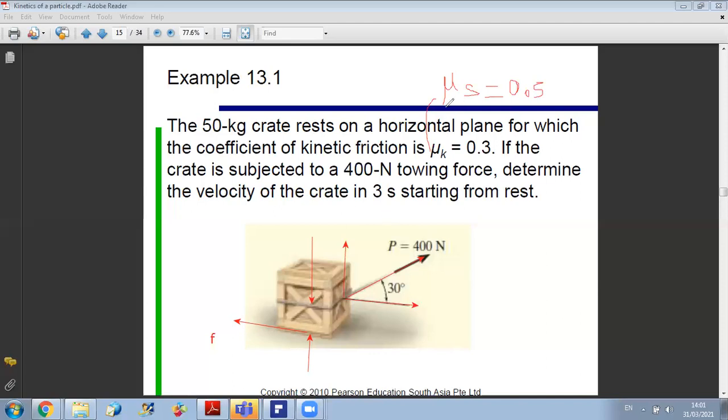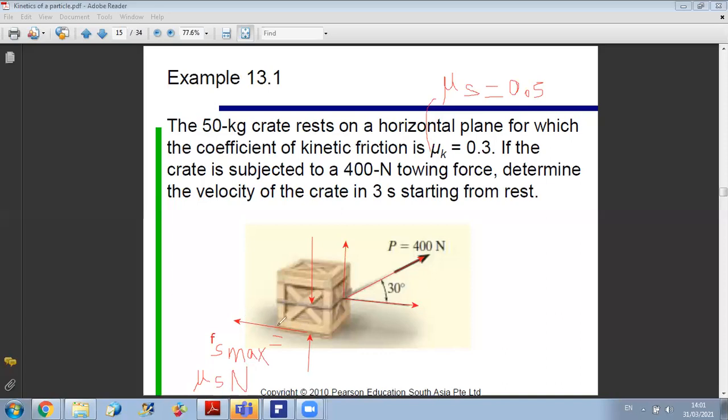What is mu s? Mu s is called the static coefficient of friction. And it means that the maximum possible static friction, in case I have a static case, F static maximum is equal to mu s times N. So it means that if I apply a horizontal force on the box smaller than mu s times N, my box will not move.